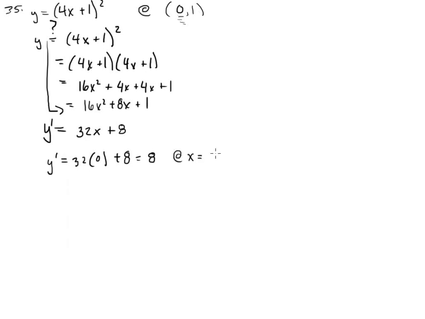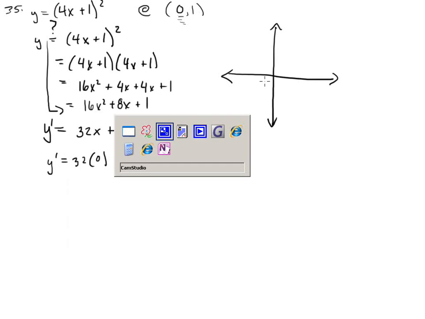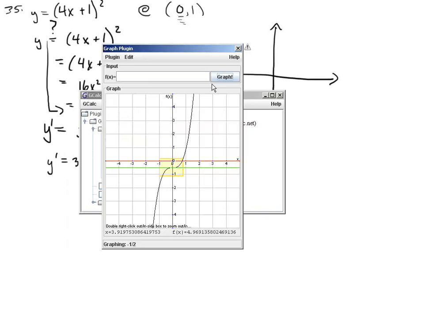If I were to graph this right now using a graphing calculator, like your TI, I would probably get a parabola, because we have a squared quadratic term there. Where's my little graphing thing that we looked at before?